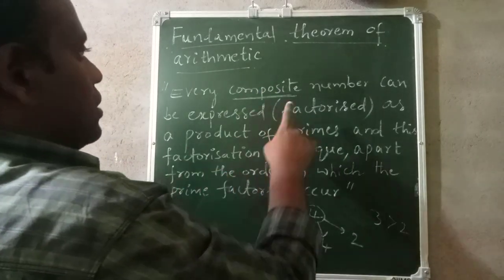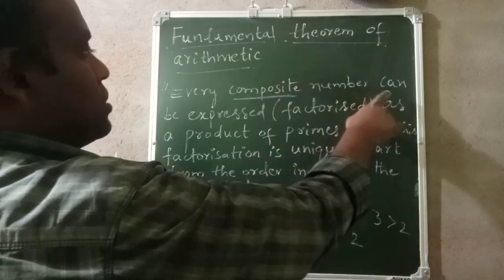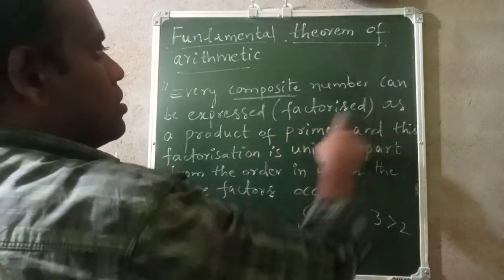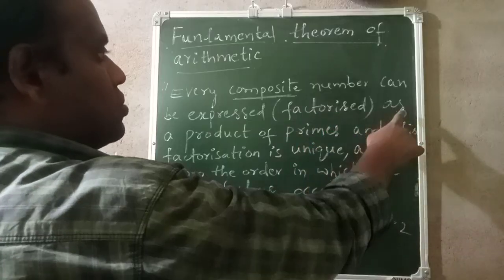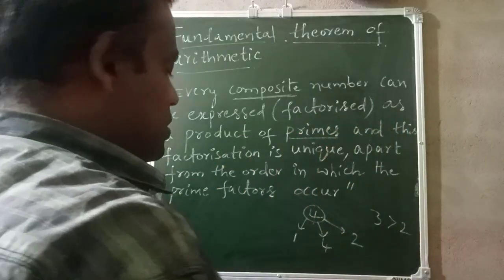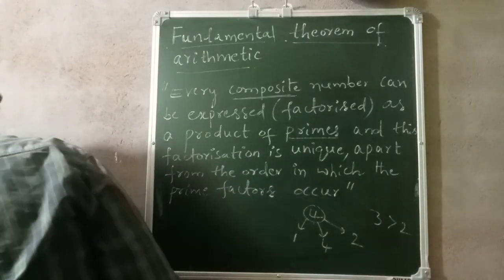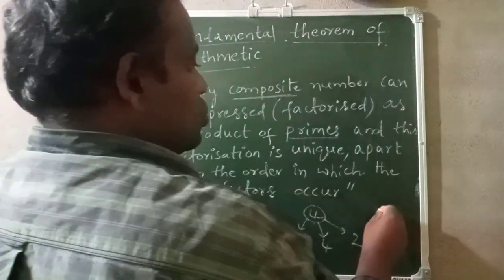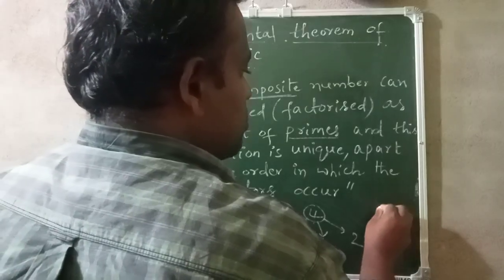Next, they are telling this composite number can be expressed, or we can say factorized also, as a product of primes. Primes means, I will tell. For example, 2 is a prime number.